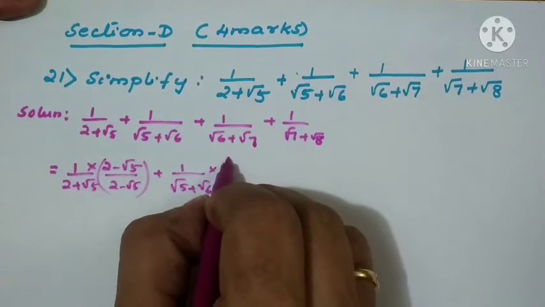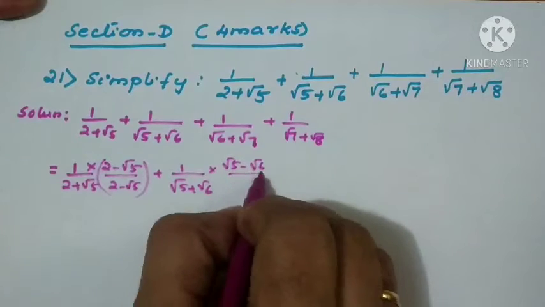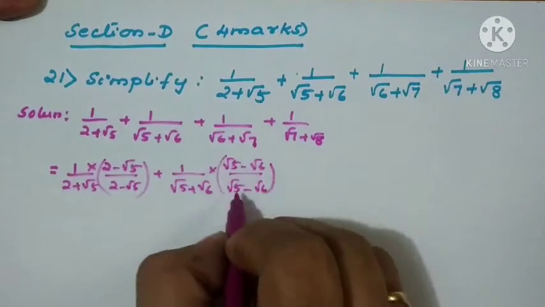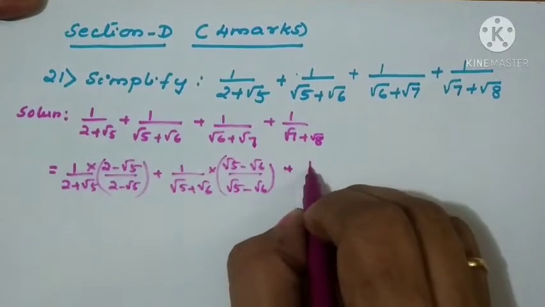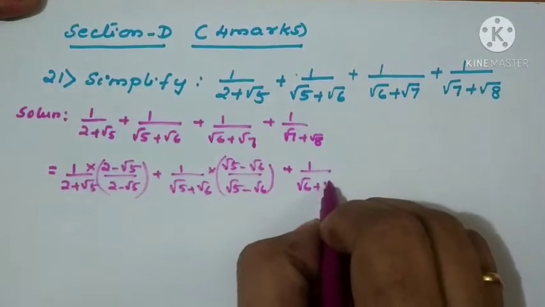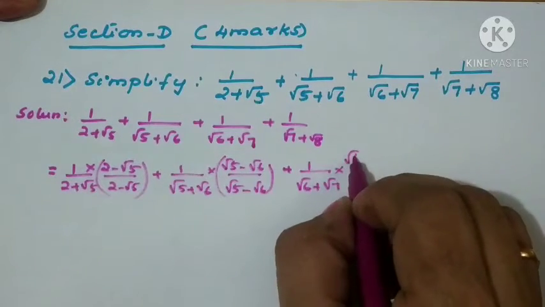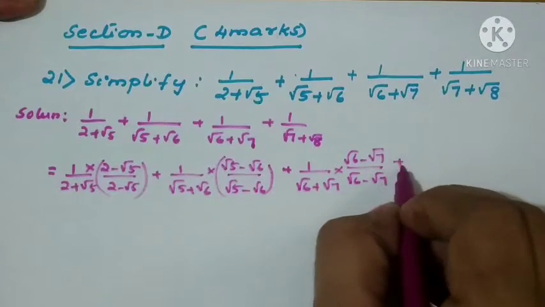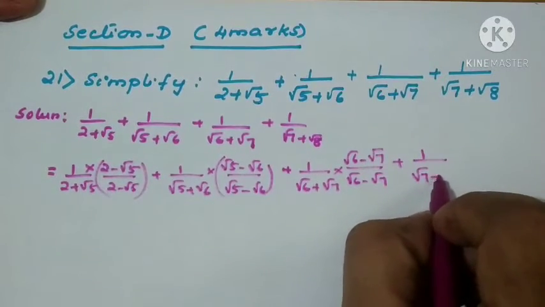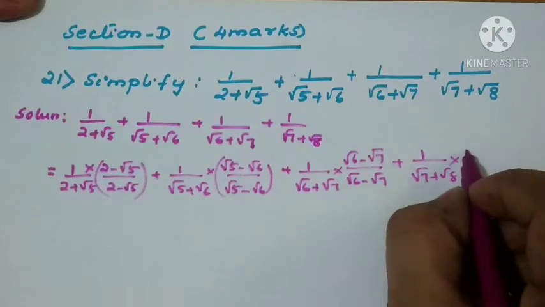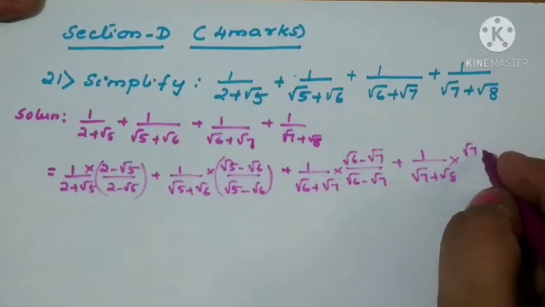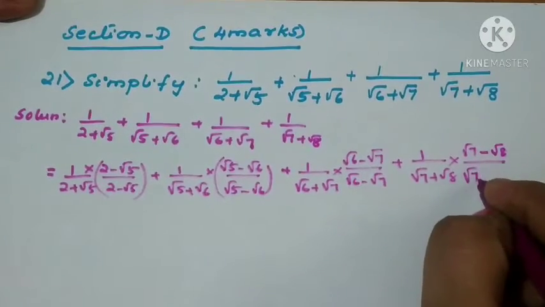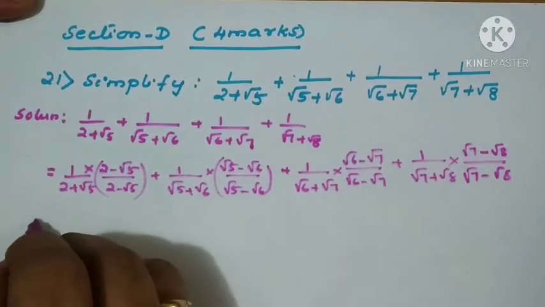Here it is plus only, so you know that we use minus only in the multiplication and rationalizing factor. So it is root 5 minus root 6, plus 1 by root 6 plus root 7 into root 6 minus root 7 by root 6 minus root 7, plus 1 by root 7 plus root 8 into root 7 minus root 8 divided by root 7 minus root 8.